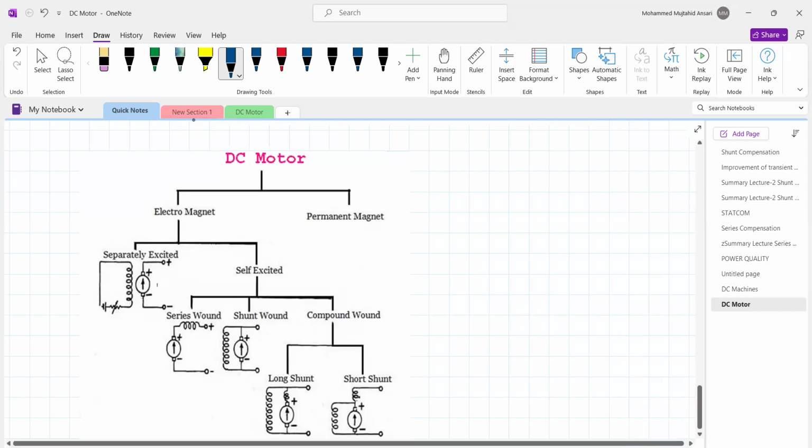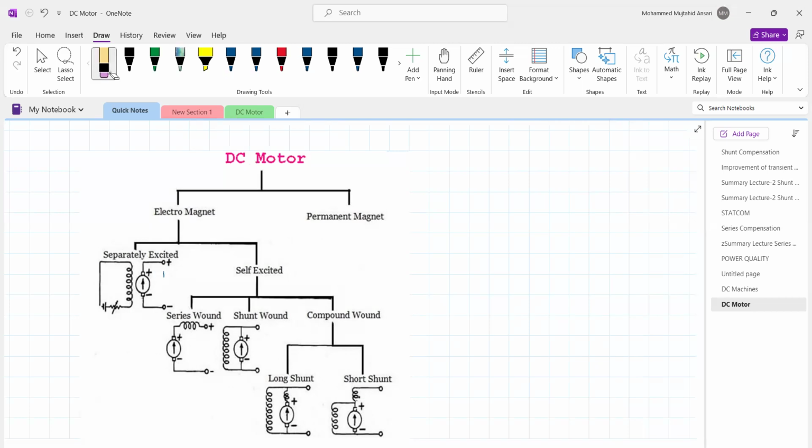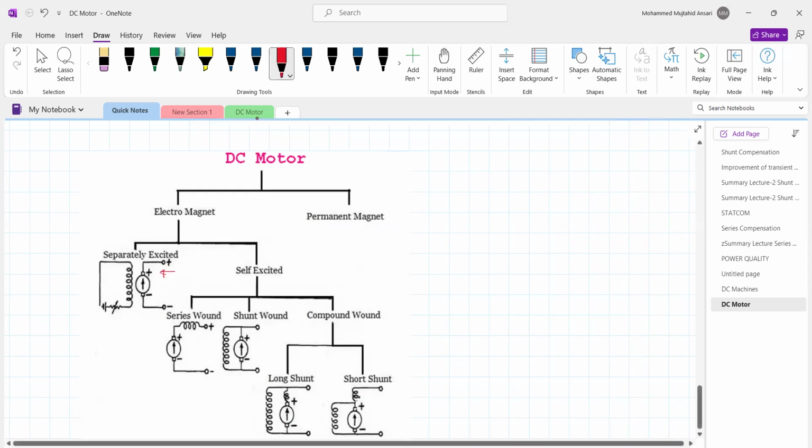Sorry, as it is a motor, it is consuming power or current from the source. This is the direction of current, and it produces the mechanical force, the mechanical or shaft power, P mechanical.